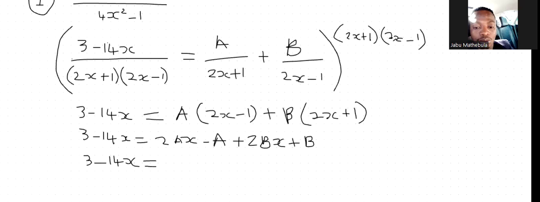So it's going to be 2a plus 2b x, because they are the coefficients of x. And then the other ones without the x, we're going to group them as well. It's b minus a. Okay.